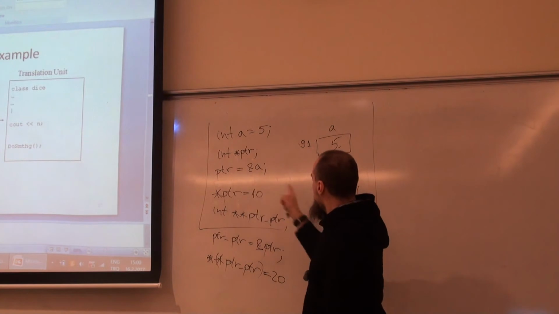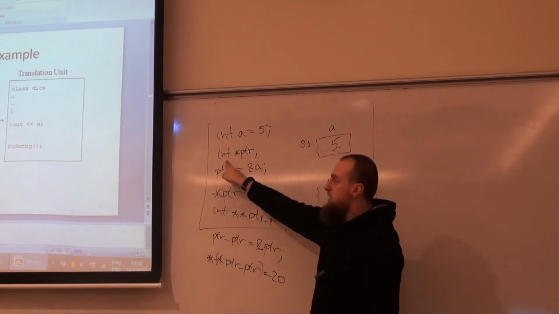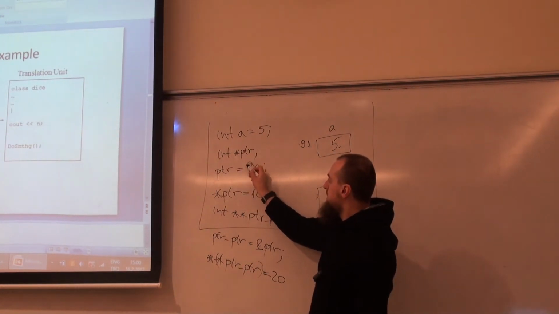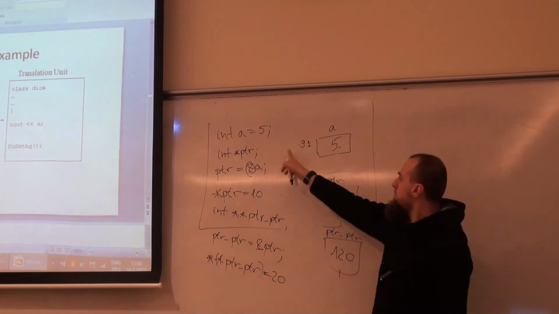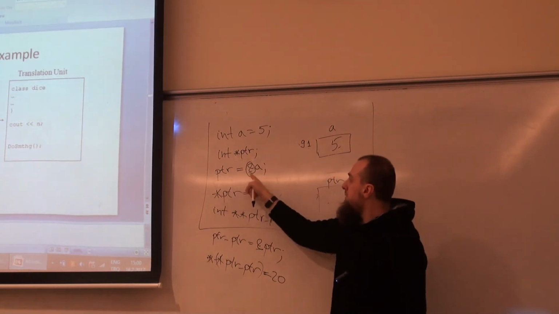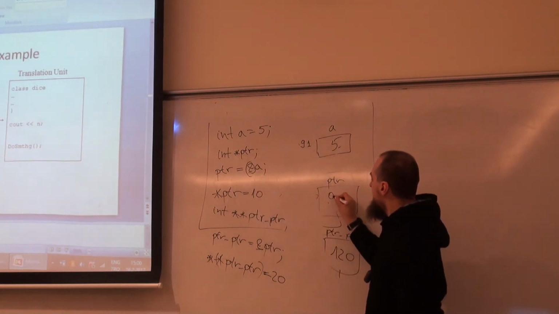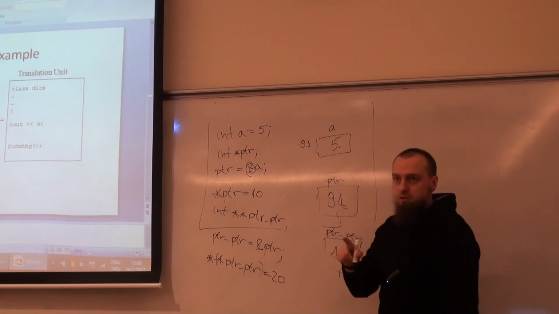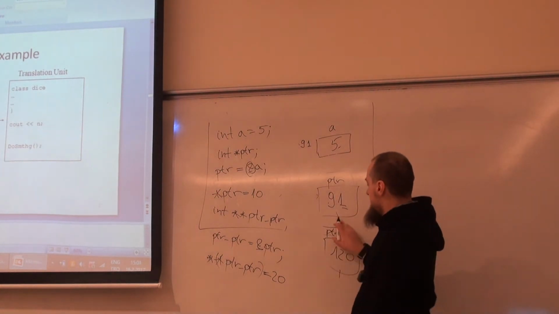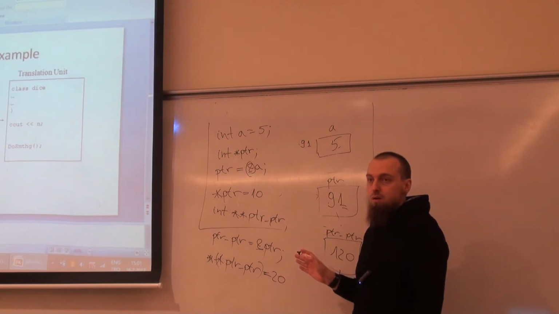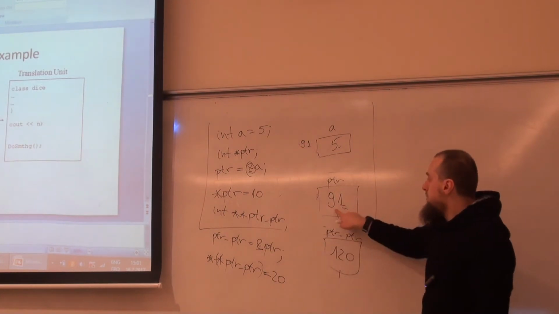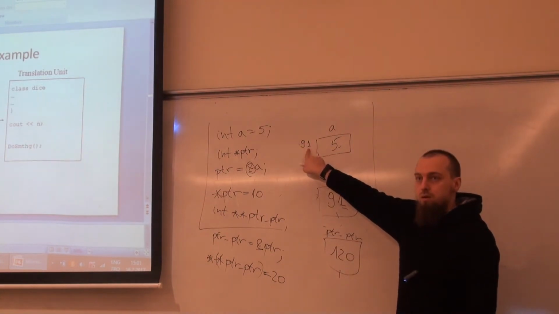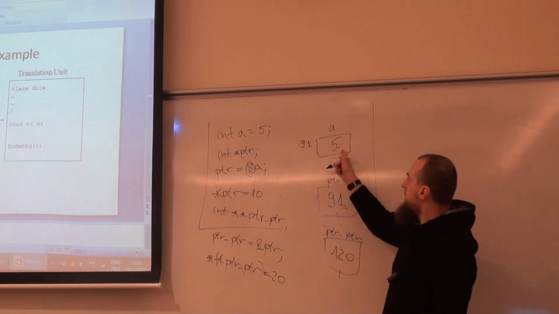When I say the value of this pointer to an integer is the address of A, this is the address. Address of A is 91. And ptr is the address of A. I have here 91. Is this your question? Yeah, like 91 is different from 5. Yes, of course. 91 points here, and the value of 91 is 5.